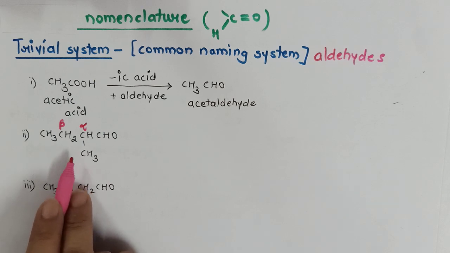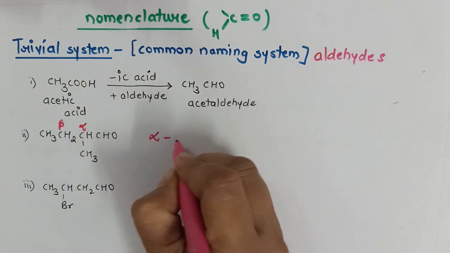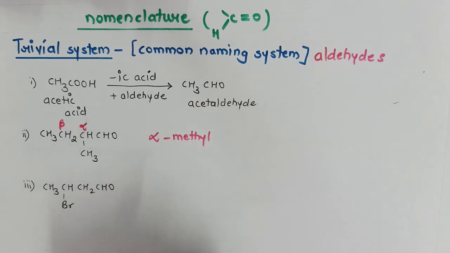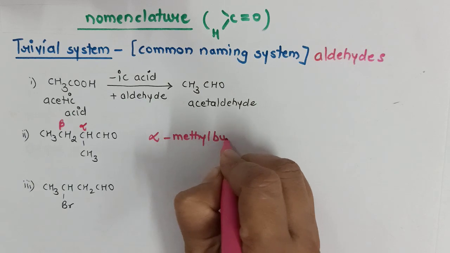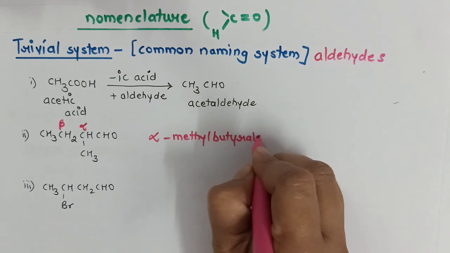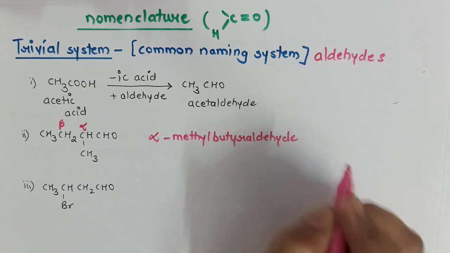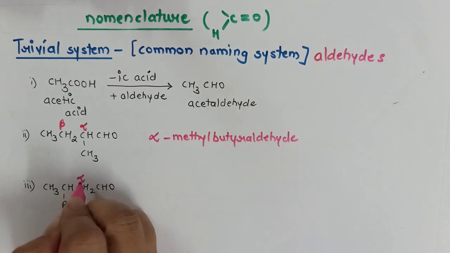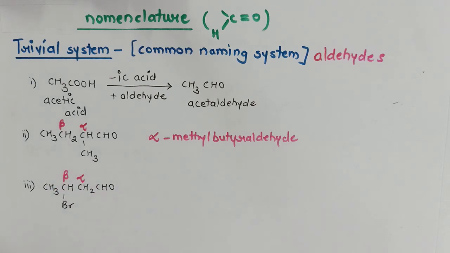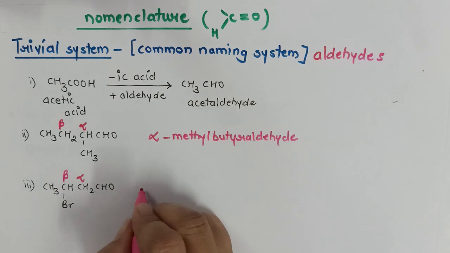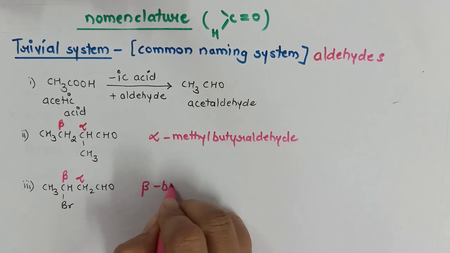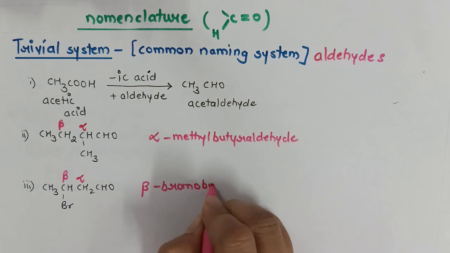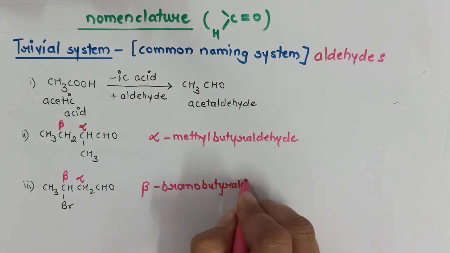So this will be called alpha methyl, as the methyl group is attached at the alpha position and it is derived from butanoic acid, therefore it will be called butyraldehyde. In the next example, the functional group is attached on the beta carbon atom, so this will be named as beta bromo. Since it is derived from butanoic acid, therefore it will be butyraldehyde.